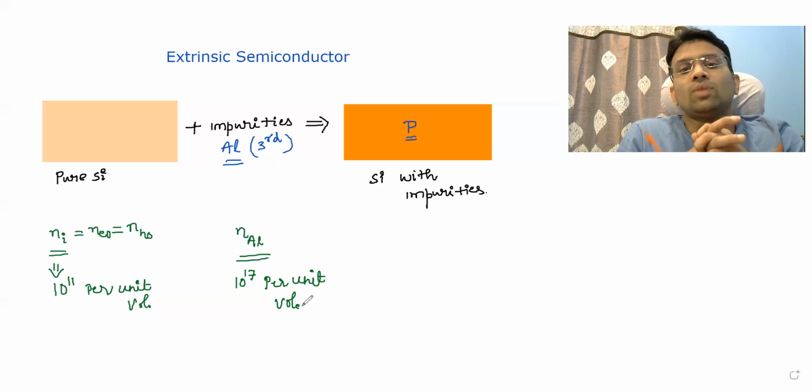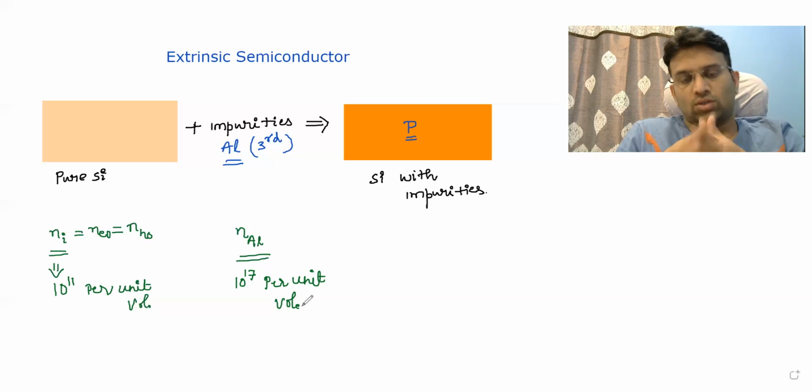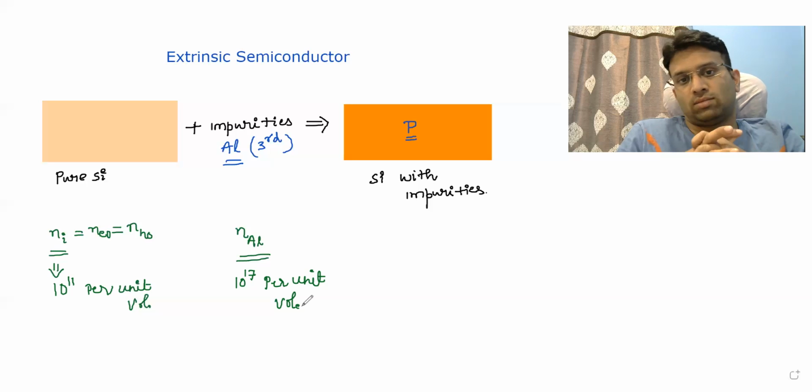So if you consider any unit volume, there were 10 to the power of 11, which translates to around 10,000 crores of electrons or holes per unit volume in the intrinsic semiconductor block.